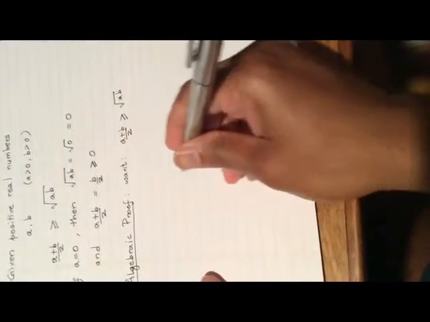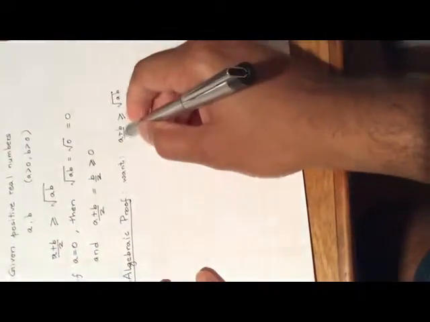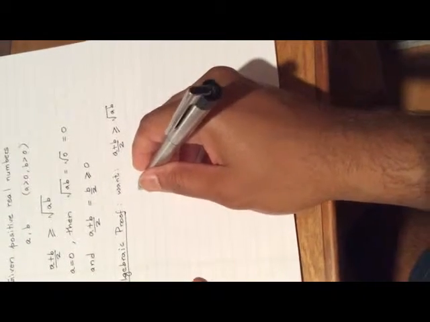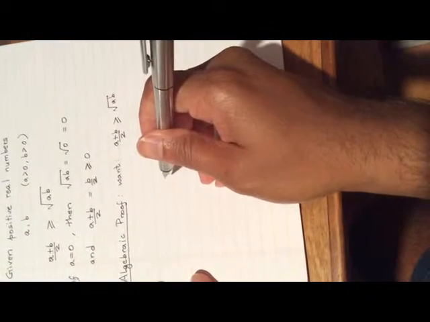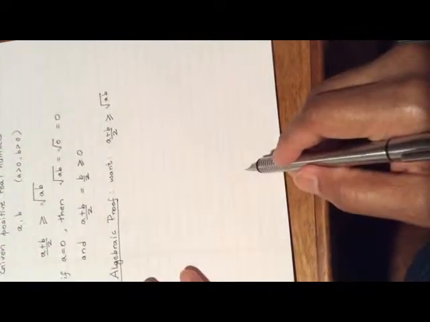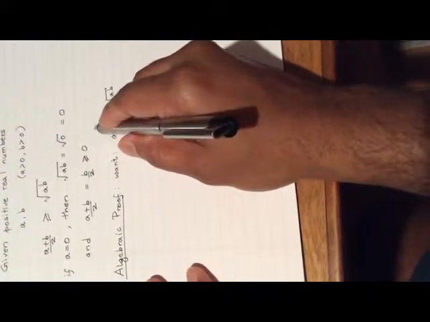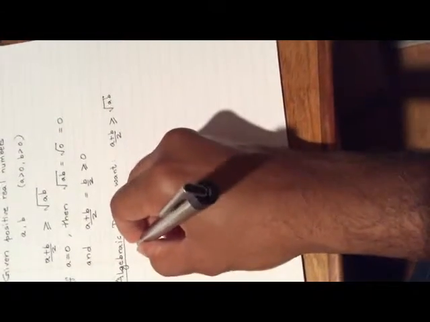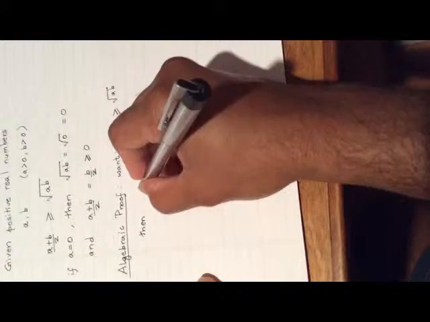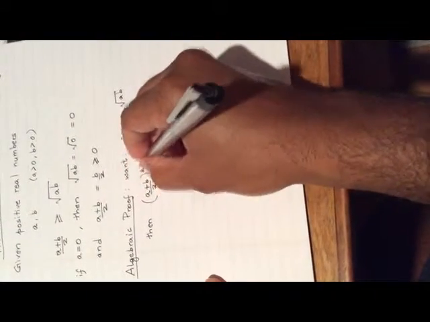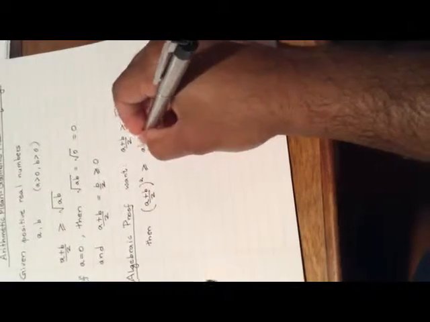We kind of work backwards and see this is going to be true if the next step is going to be true, and that's going to be true if the step after that is going to be true, until we come to a true statement, and then we can just work our way back. Okay, so if this is true, then by squaring both sides I get this also has to be true.